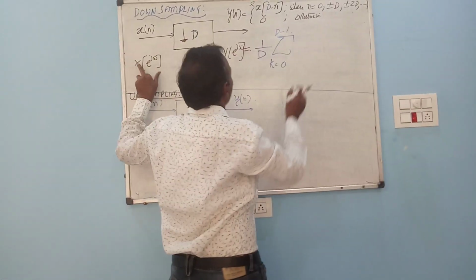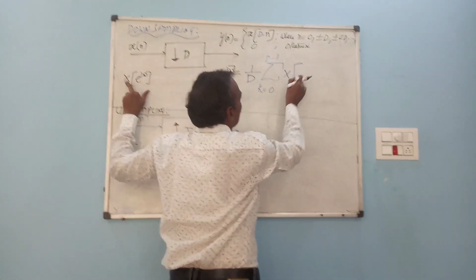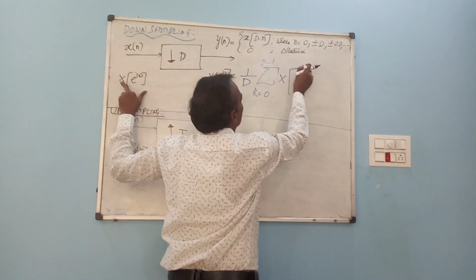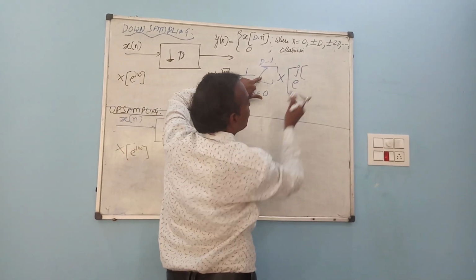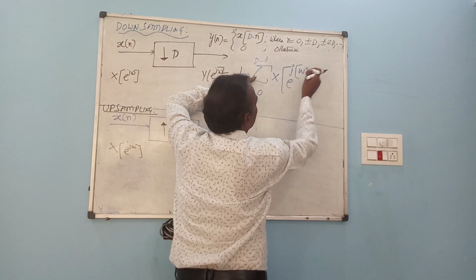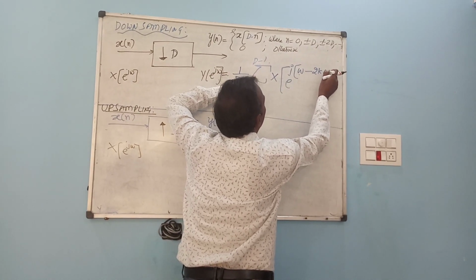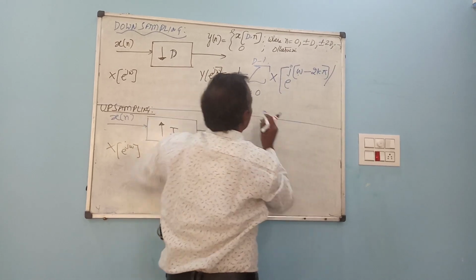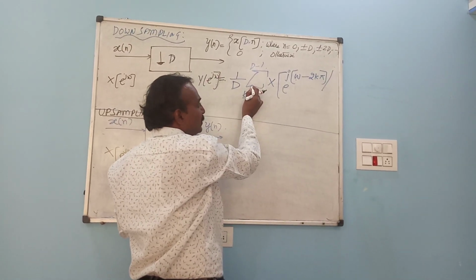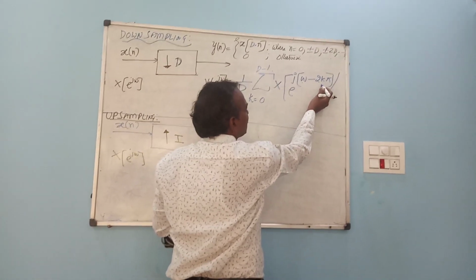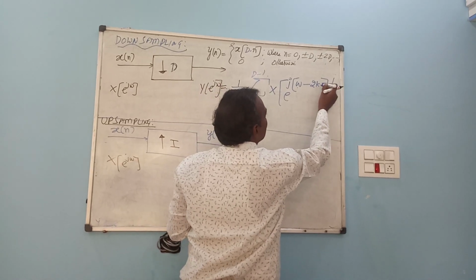Please remember, for the input signal capital X of e power j omega, it is the sum of shifted versions, omega minus 2k pi, the sum of equally spaced, shifted and stretched versions.